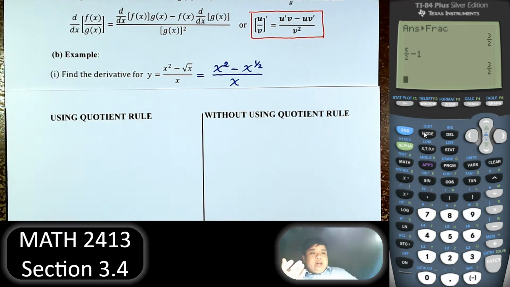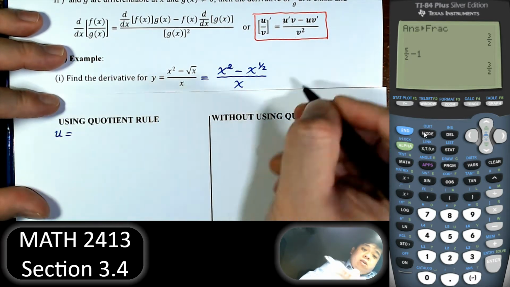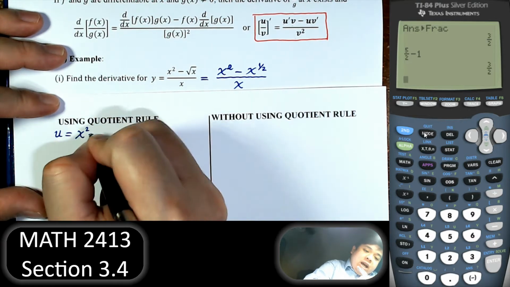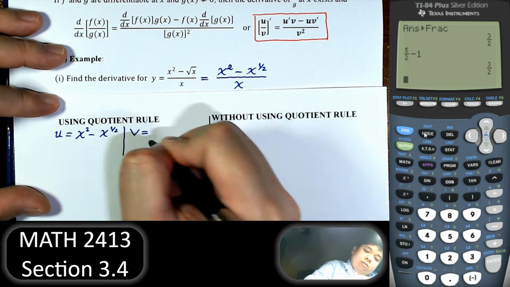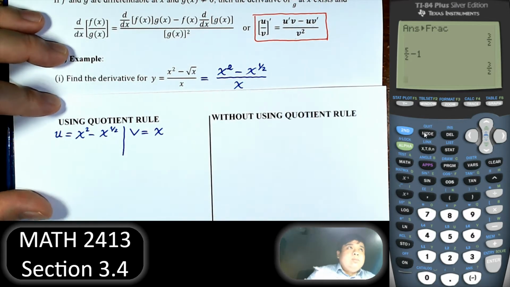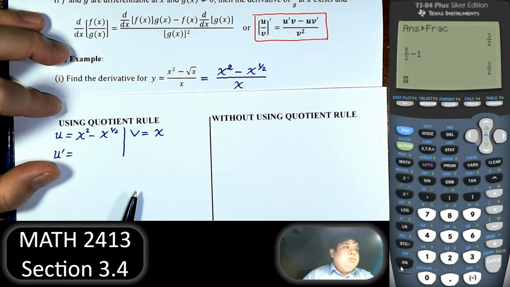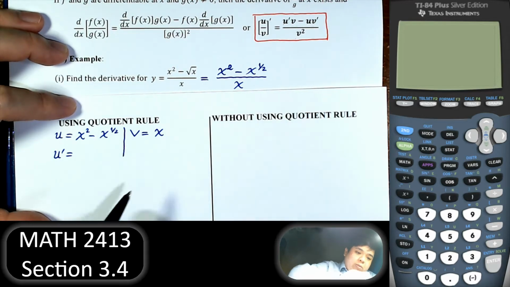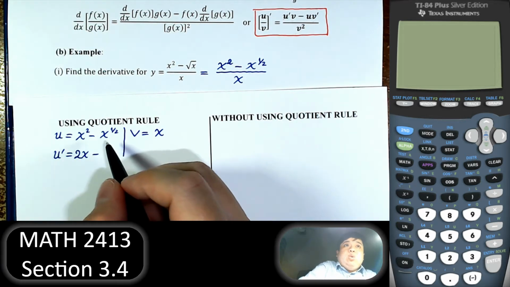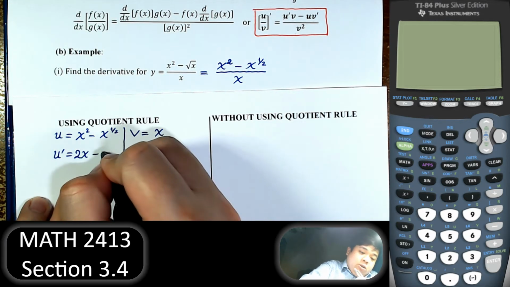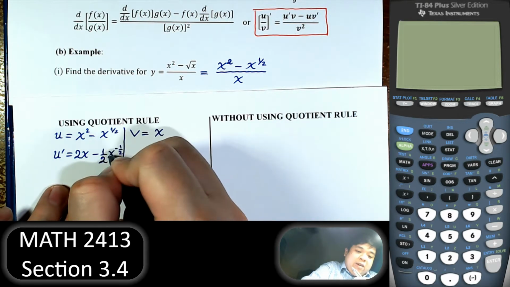First, using the quotient rule. We say u, which is the top, is x squared minus x to the 1/2. V, the bottom, is x. U prime: the derivative of x squared is 2x, and for the derivative of x to the 1/2, the power goes down, original power minus 1, so 1/2 minus 1 is minus 1/2.